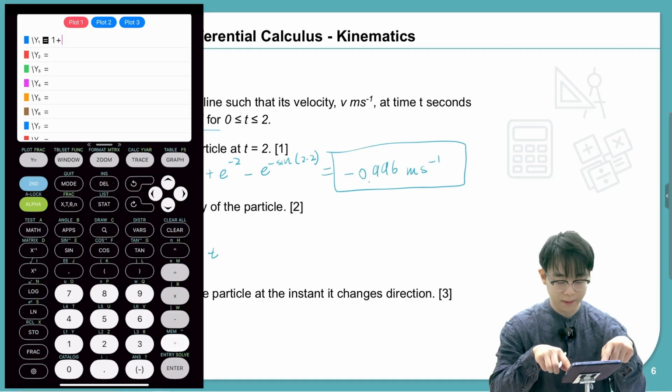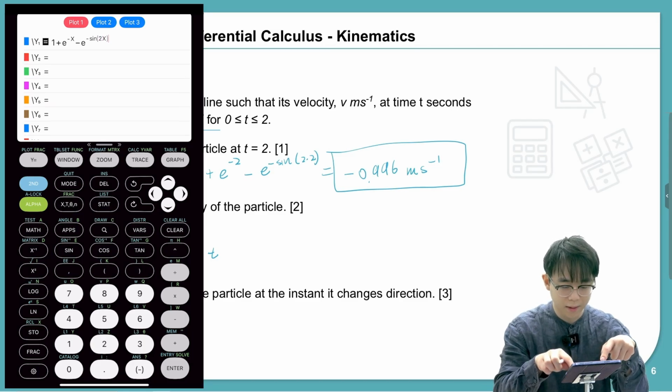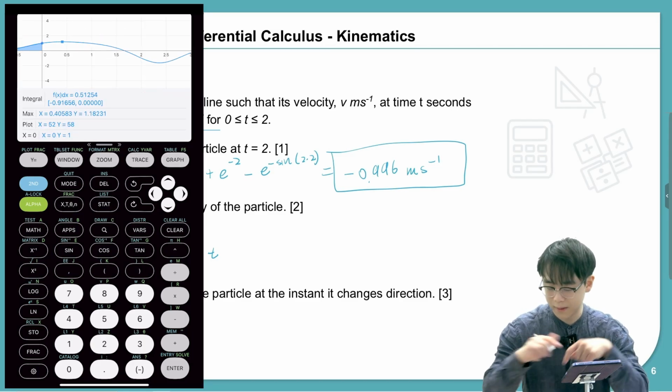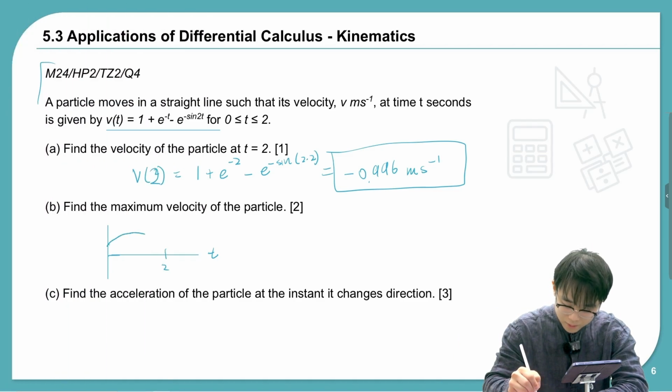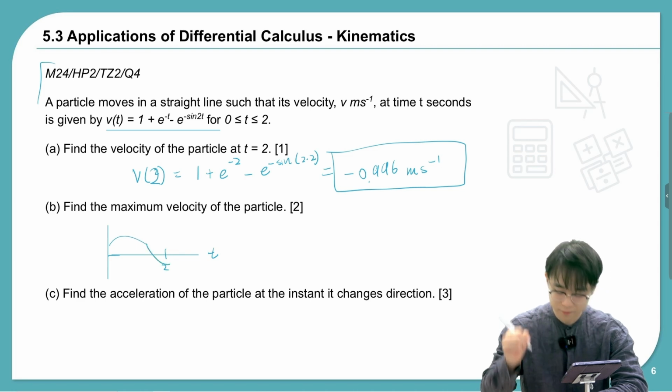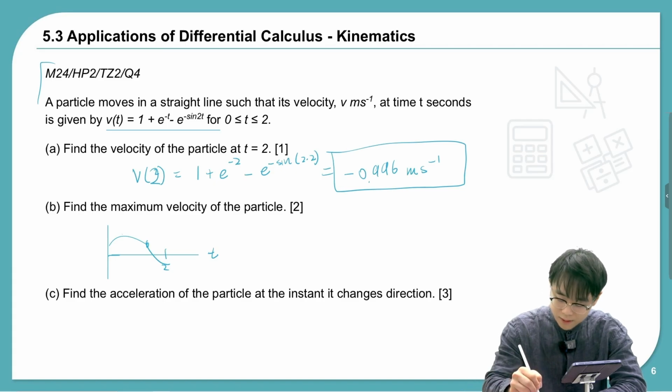So we have 1 plus e to the power of negative x, or negative t, minus e to the power of negative sine 2t, or 2x. Okay, so that would be something that looks like that. And we do go to the negative region when t equals 2. So the maximum velocity seems to occur at this peak.